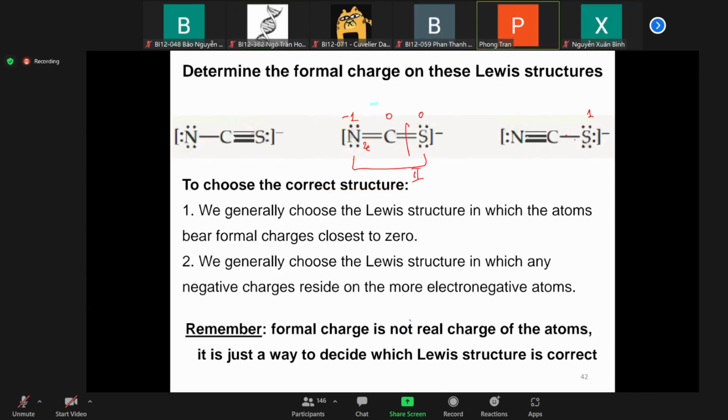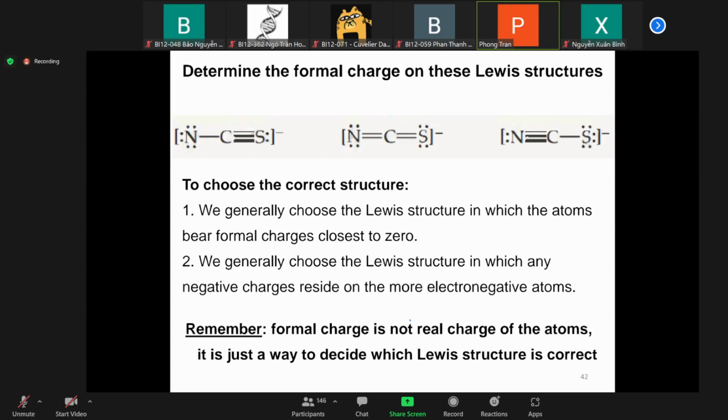First, you should remember the way you do the calculation for the formal charge. Remember that the formal charge is not the real charge of the atom. It's just a way to decide which structure is correct. Then remember the two rules for deciding which one is more likely.